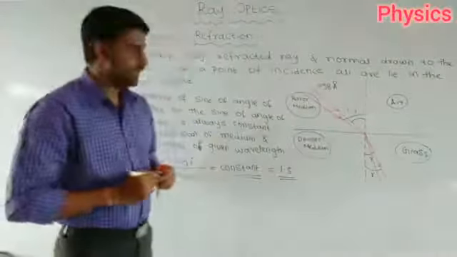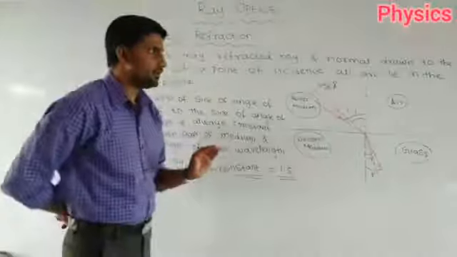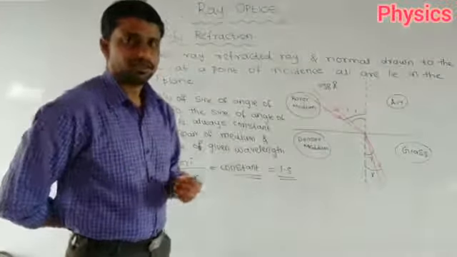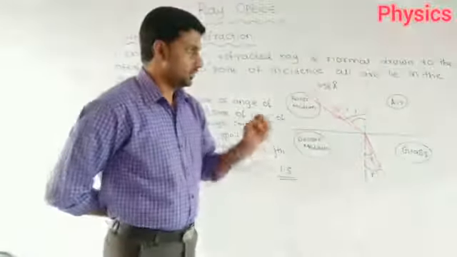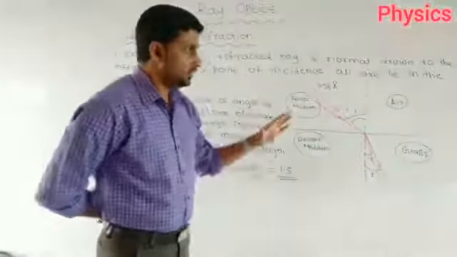The condition is that the media should be the same, air and glass, and the wavelength of light should be the same. Here the pair of media and the wavelength of light are very important.